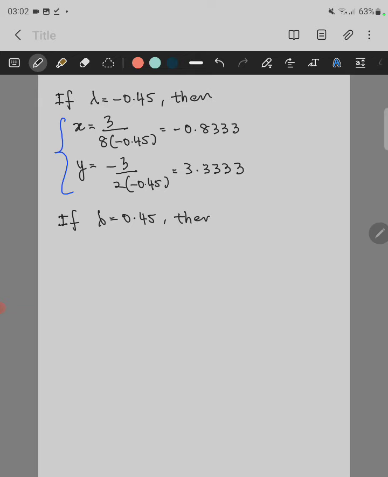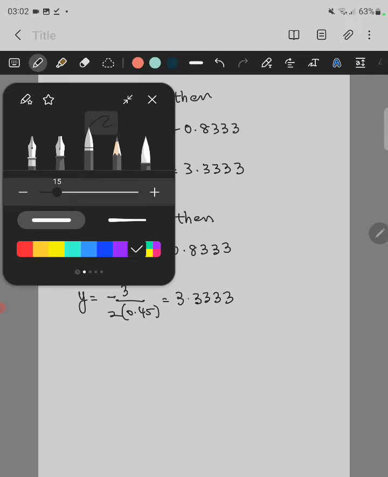So if lambda equals 0.45, then x equals 3 over 8 times 0.45, which is 0.8333, and y equals minus 3 over 2 times 0.45, which is 3.3333.